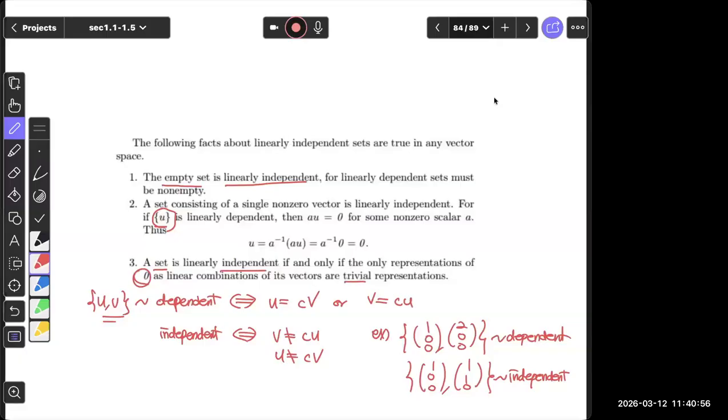The trivial representation means zero coefficients. So given vectors, if you can produce zero only with zero coefficients, then the set will be independent. Otherwise, dependent.